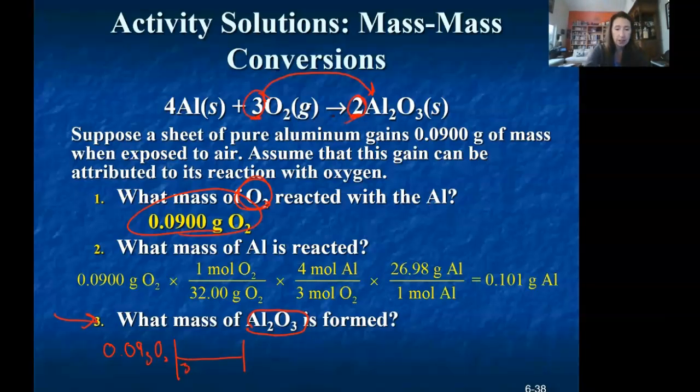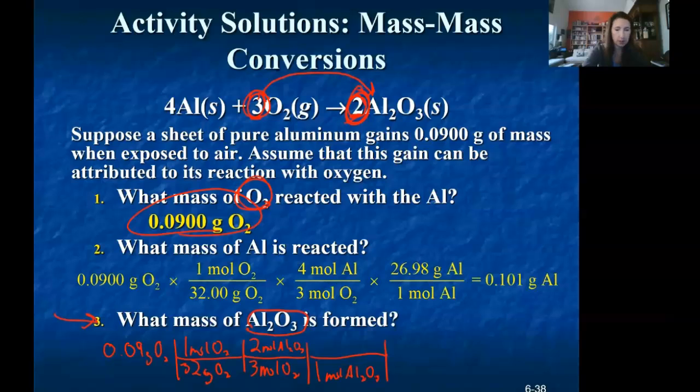And again, this is 32 grams because it's O2 in 1 mole of O2. Here's where the mole-mole ratio comes in, 3 here. We want to go to Al2O3. And here's our molar mass, 1 mole Al2O3.